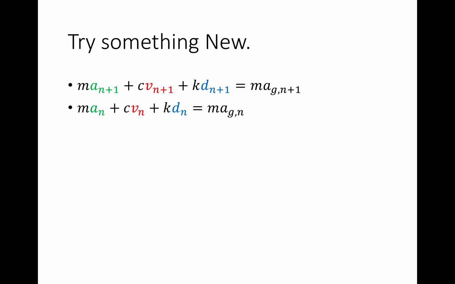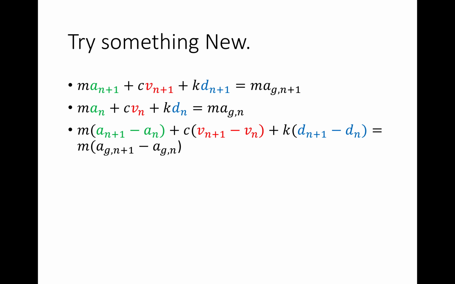Okay, this time let's try something new. We know that this equation works for the n+1 step, so it also works for the n step. By doing the substitution for these two equations, we can get their differential type of equation, where we define delta a n+1, delta v n+1 and delta d n+1 like they're incremental.